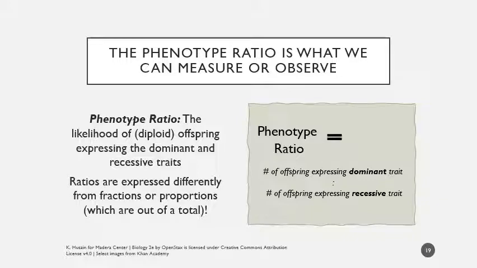When we're looking at what we can actually observe, we can calculate something called the phenotype ratio. That is the number of offspring expressing the dominant trait to the number of offspring expressing the recessive trait. This is different from fractions or proportions, which are out of a total, whereas the ratio is just number to number. For example, if a family has 3 brunettes and 1 blonde, their phenotype ratio might be 3 to 1.